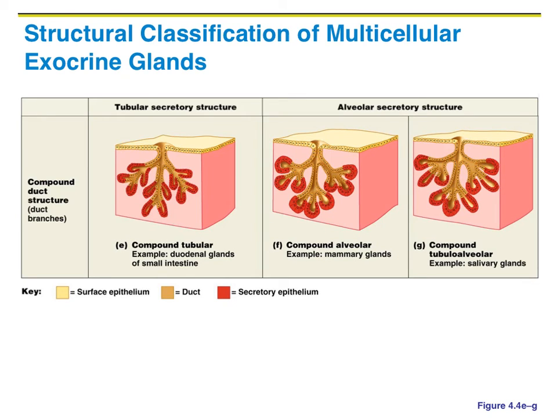This slide shows you an example of multicellular exocrine glands that are compound, meaning the ducts branch. So look at the brown structure. They're very branching. Again, if the secretory unit forms a tube, it's referred to as tubular.